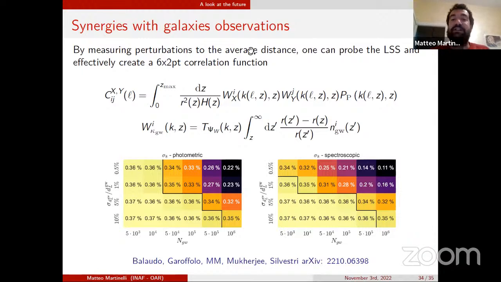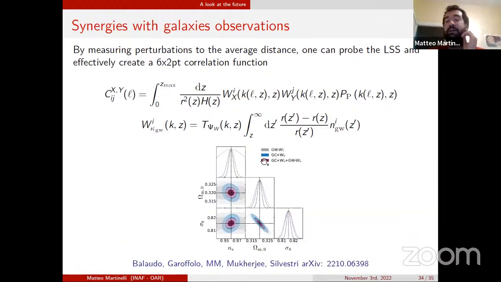So basically, you see, this is very futuristic, because like 10 to the 5 gravitational waves, maybe Einstein Telescope, not even, given that it will give us something like that. But it's something that we can look forward to in the future, because if you look at how the constraints behave on cosmological parameters, you see that adding this new observable to galaxy surveys actually helps in tightening up the constraints.